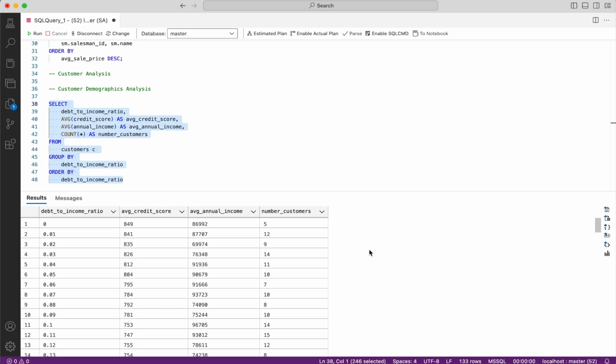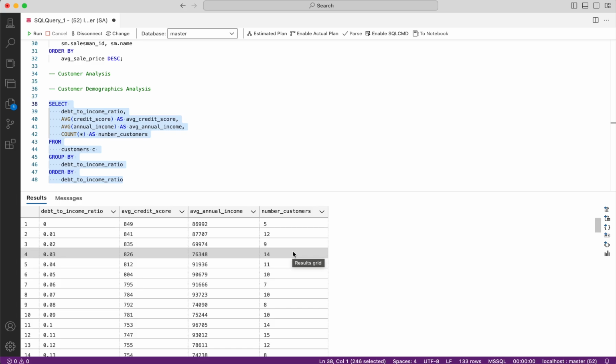This aligns with the idea that higher debt relative to income can affect creditworthiness. In terms of customer segments, the group with a debt to income ratio of 3% has the most customers.